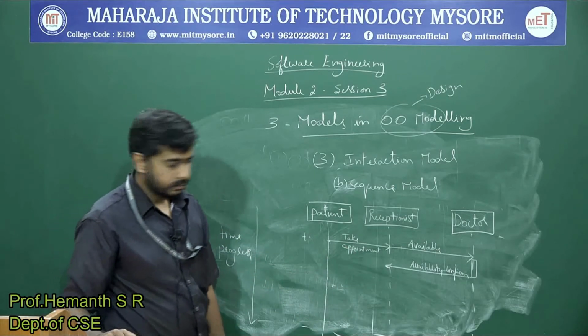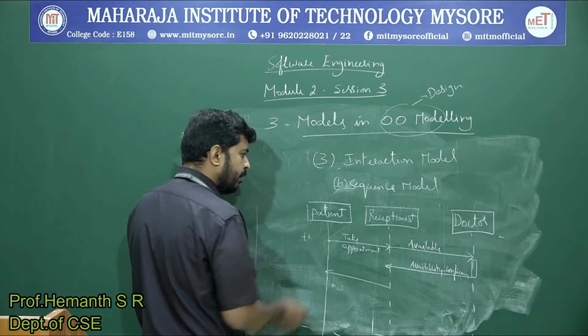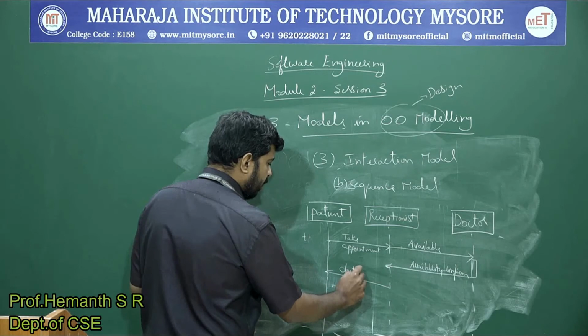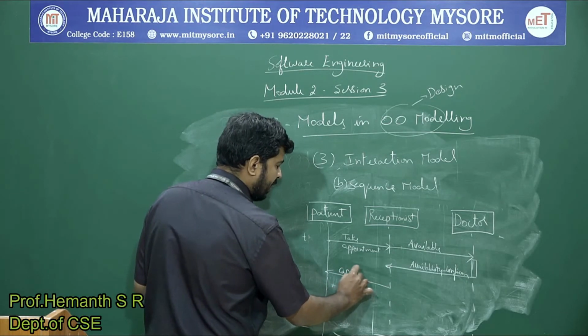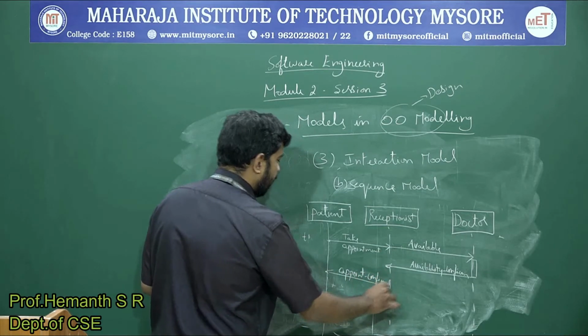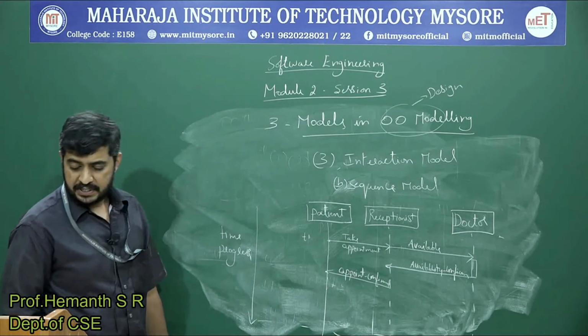So the receptionist in turn will confirm back to the patient that yes, the doctor is available, his appointment is confirmed. So the receptionist is confirming back to the patient.